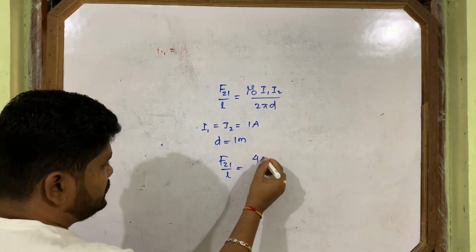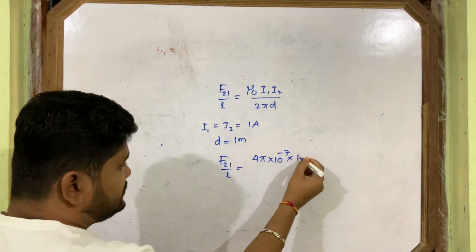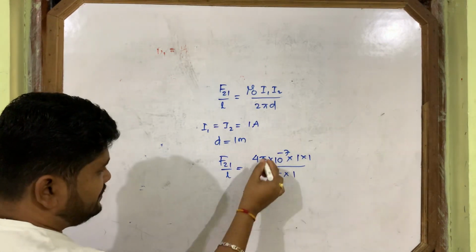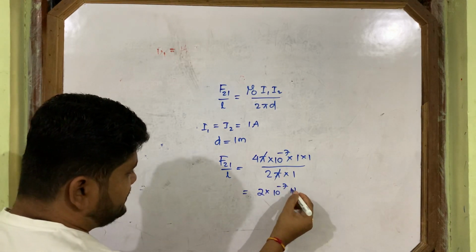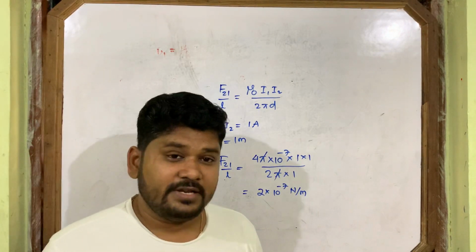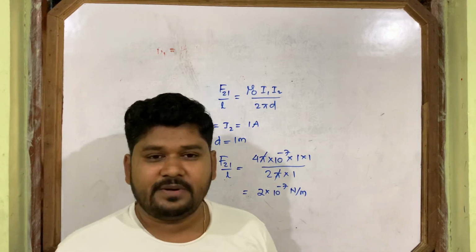Mu naught you put 4 pi into 10 to the power minus 7, I1 I2 is 1 into 1, 2 pi d, d is 1, so pi cancels, so 2 into 10 to the power minus 7 Newton per meter, because length is here. Then you will write the definition. After doing this much, you will write the definition of ampere.